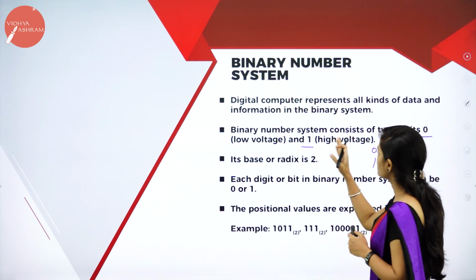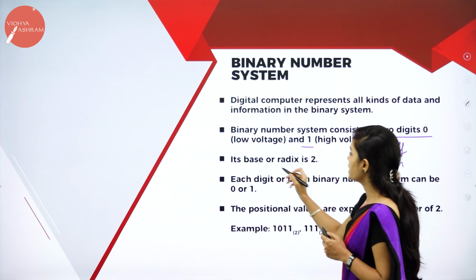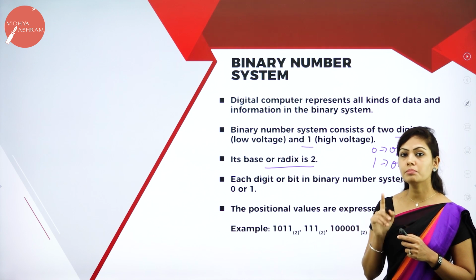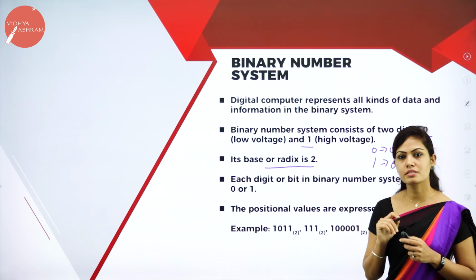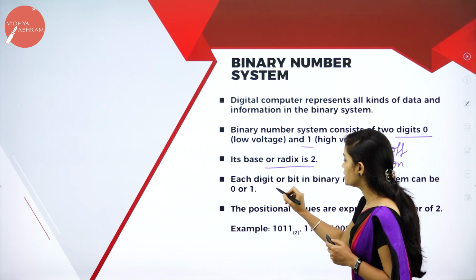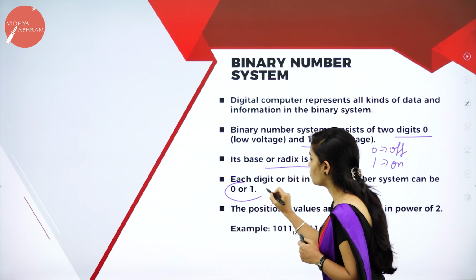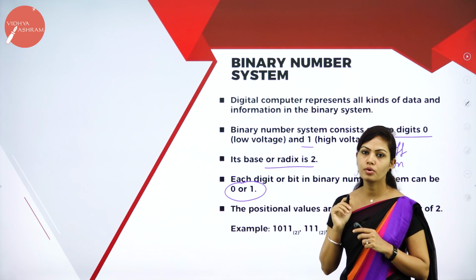So binary number system consists of two digits called 0 and 1. Its base or radix is 2. In decimal number system, base value is 10. In binary number system, base value is 2. Each digit or bit in binary number system can be 0 or 1.